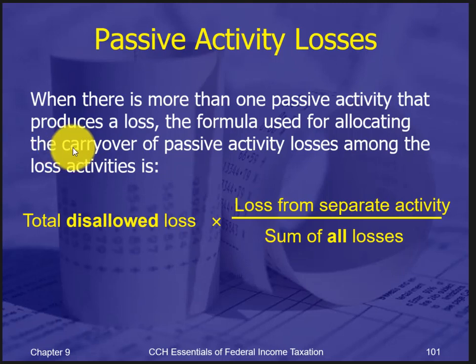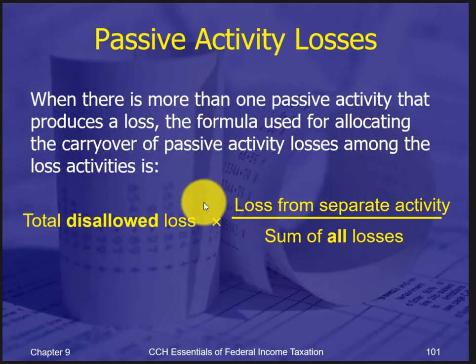Now, carry forward of losses. There is this formula if you have more than one activity. This isn't going to apply if you have just one activity that has losses. You've got a way to allocate them to the activities.